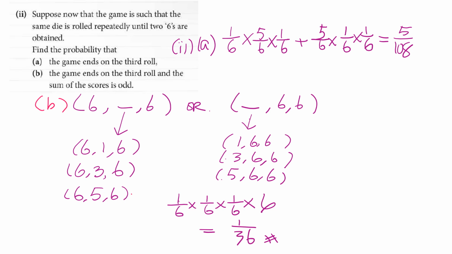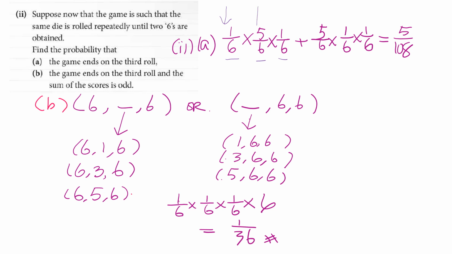So ends on the third roll, it could be, right, you get a 6 here, but you still have to continue because you must remember you must get 2 sixes. So third roll means 3 chances. So first one, 1 over 6 means you get a 6. Okay, don't be too happy. You still have to roll some more.